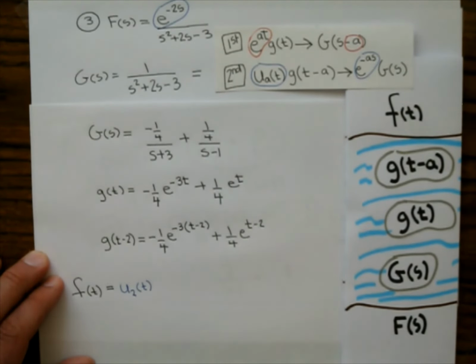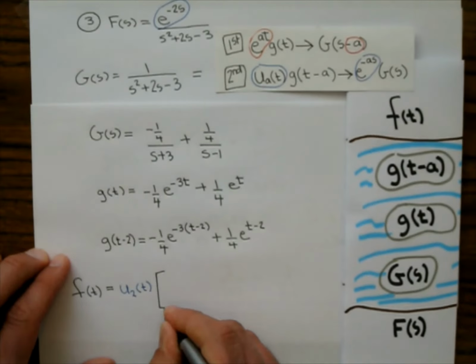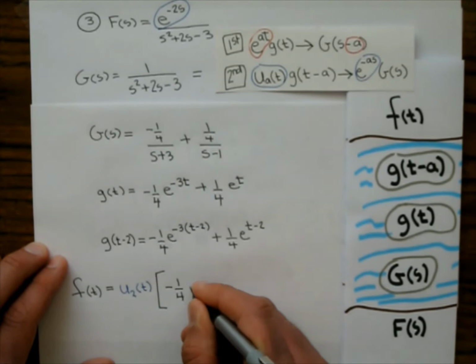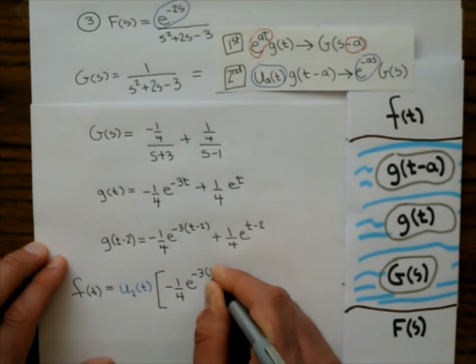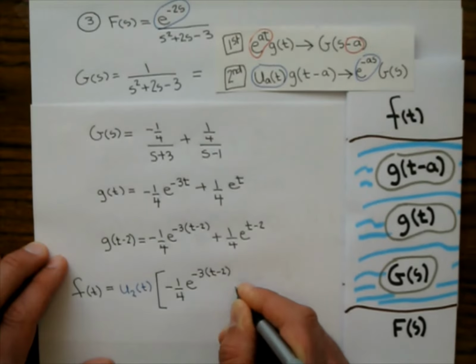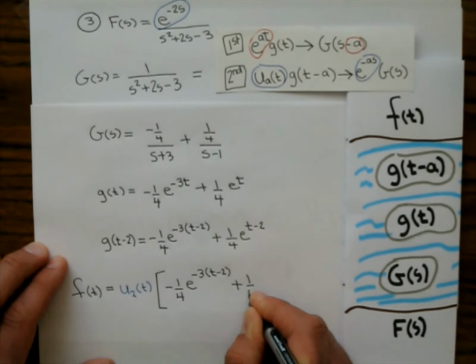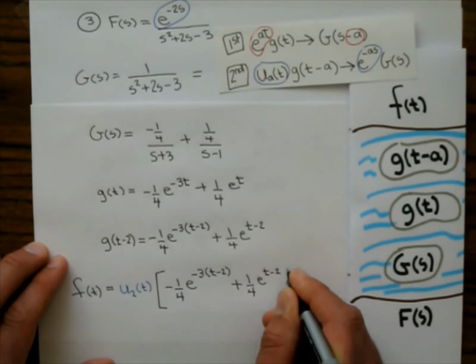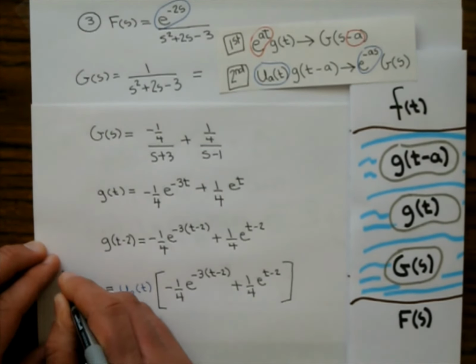I'll put some brackets, you can pick. Negative 1/4, some of you would have factored the 1/4 out, e to the negative 3 times t minus 2, plus 1/4 e to the t minus 2. And there is the answer.